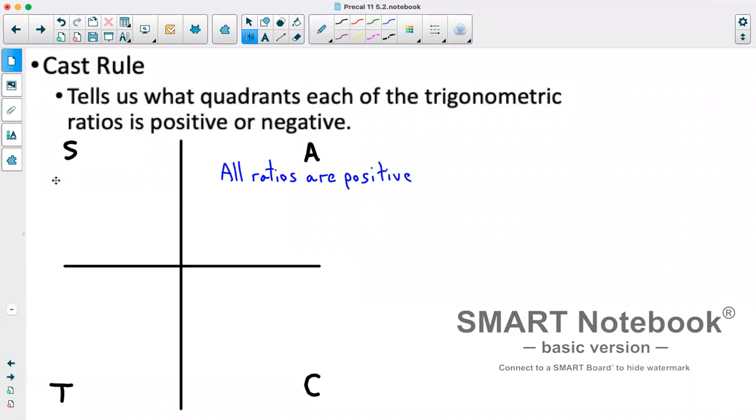S stands for sine is positive, which means cos and tan are negative. T is tan is positive, which means that sine and cos would be negative. And then in this quadrant, cos is positive.